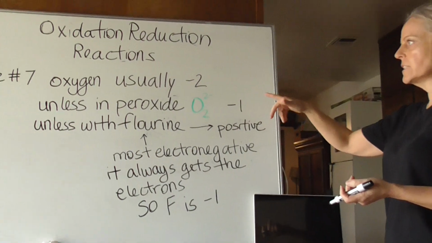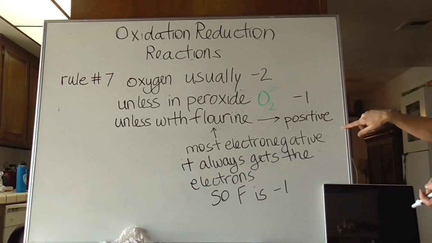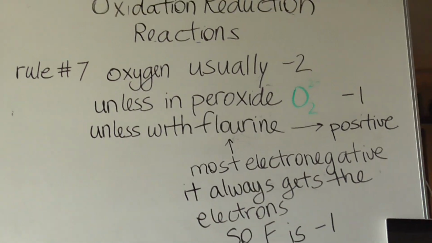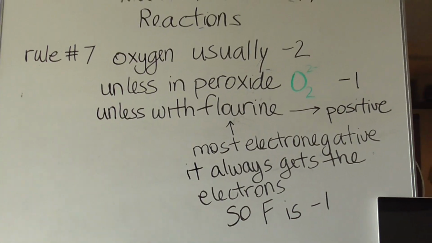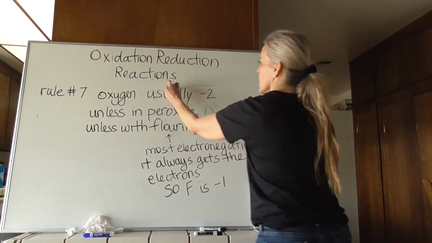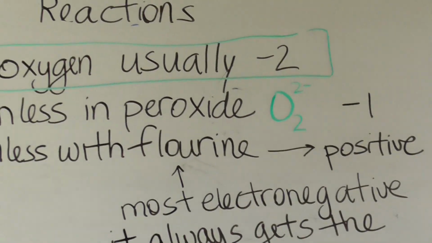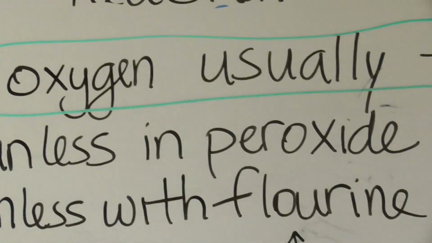Oxygen is not just like the charge 2-. It depends on what it's with. But for all the problems I'm going to give you, I'm always going to have you assign oxygen with a -2.